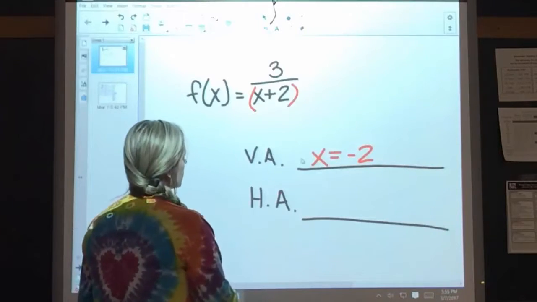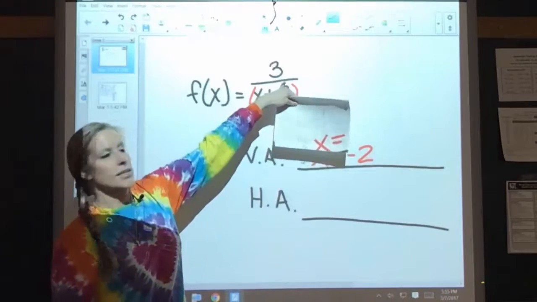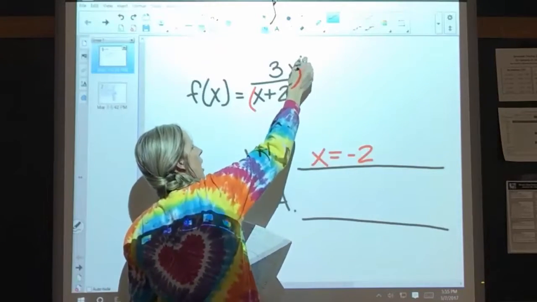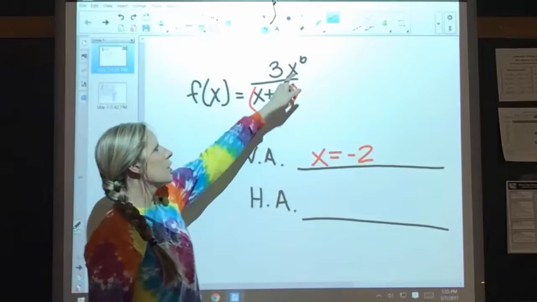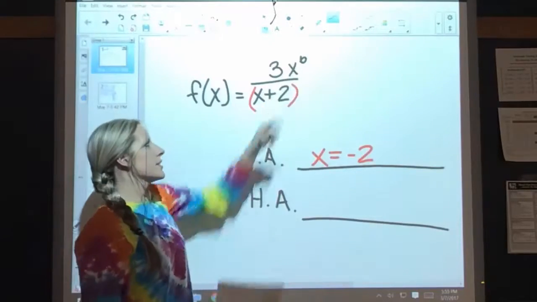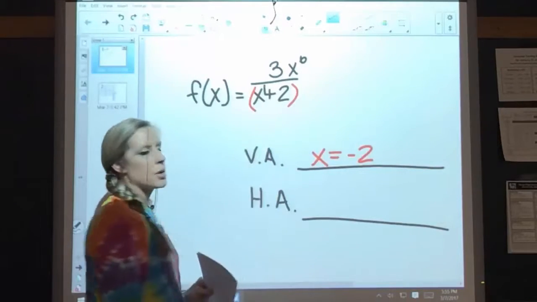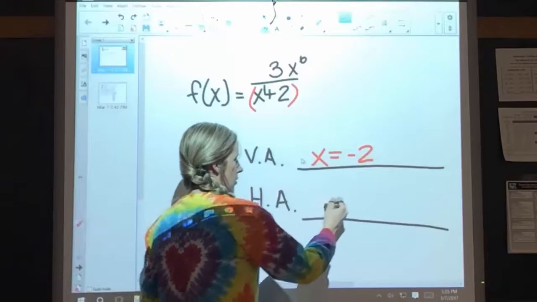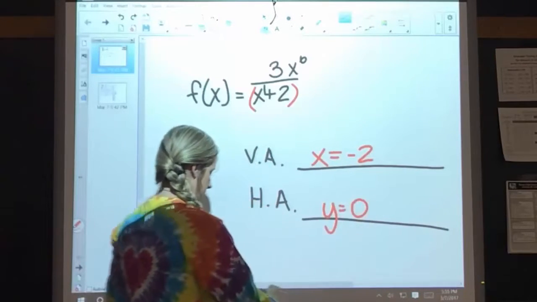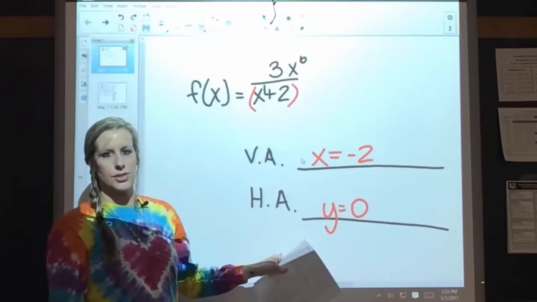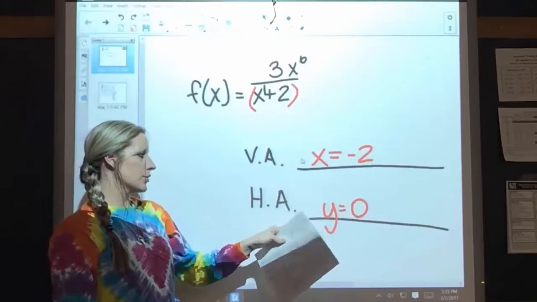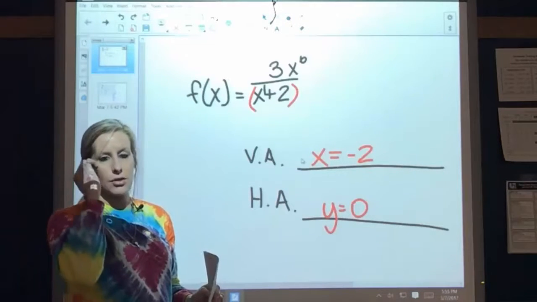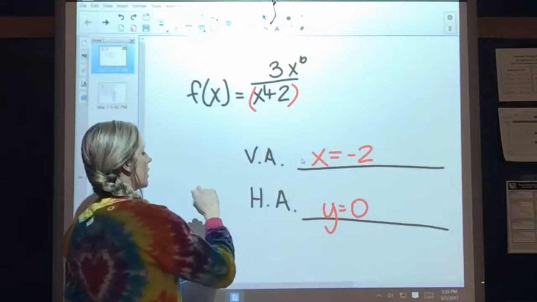My horizontal asymptote, since there's not an x in the numerator, it's like saying x to the 0 power. Okay, so my exponent in the numerator is less than my exponent in the denominator. So my horizontal asymptote is going to be y equals 0. If you're a little confused on that, pull out your notes from yesterday and look over those 3 different types of horizontal asymptotes. Okay.